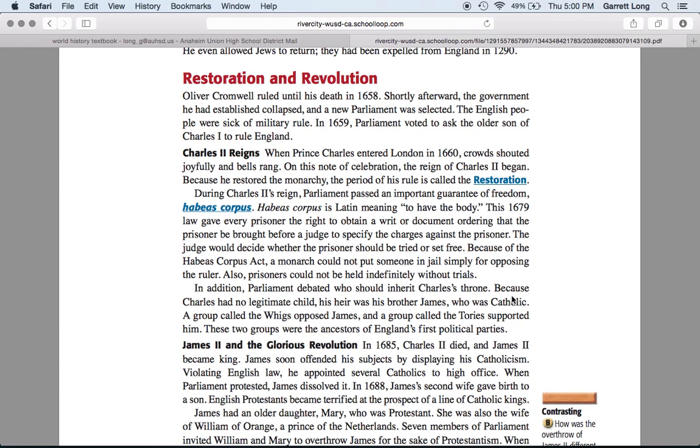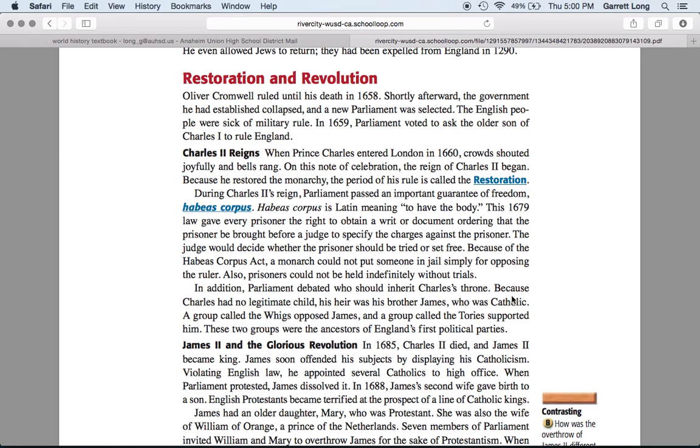And Charles II is king for a little while, but of course, as he gets older, he dies. And when Charles II dies, his son takes over. And his son's name is James II. And James II is absolutely hated. They do not like James II at all because James II is a Catholic.